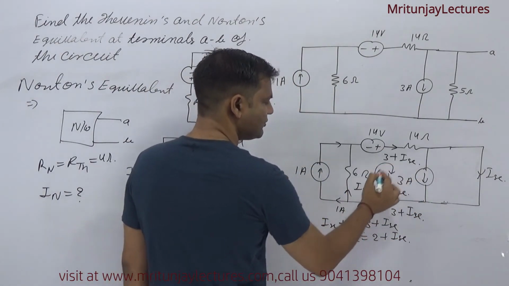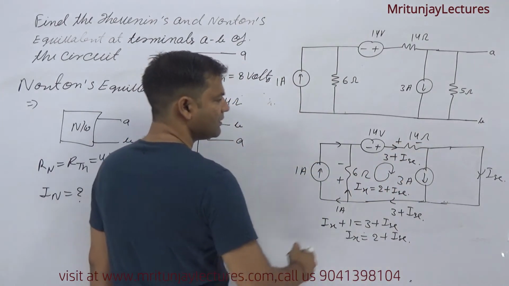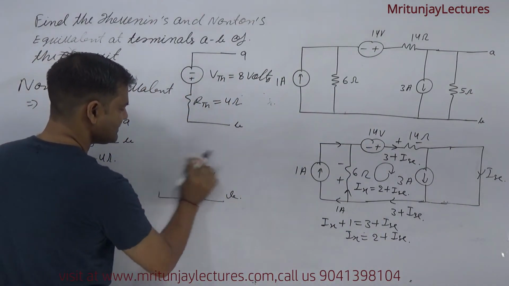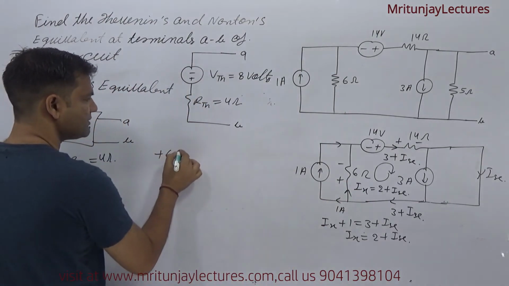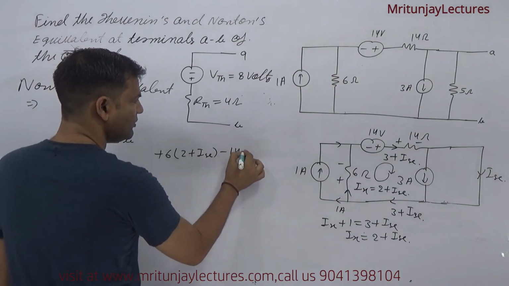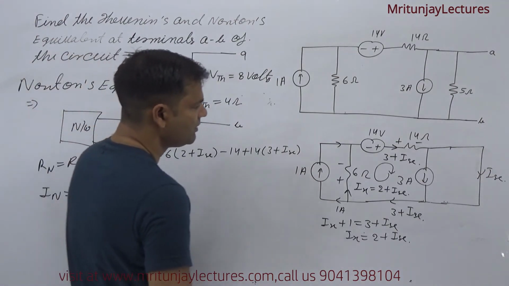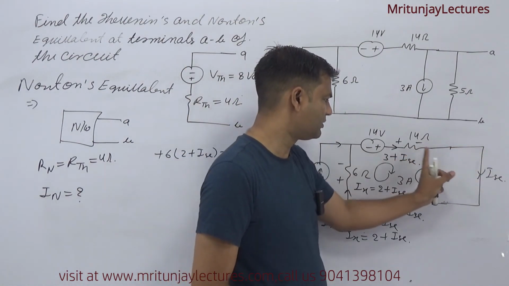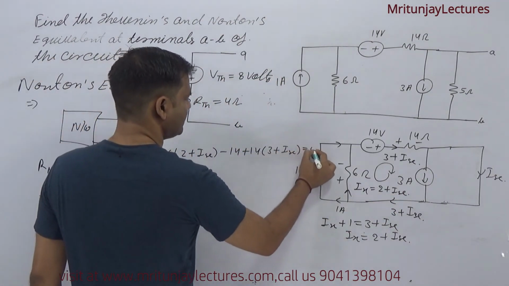Now apply KVL in this loop. Positive, negative, positive, negative. Minus plus to minus, that is plus 6 into 2 plus ISC, minus 14 volt plus 14 into 3 plus ISC. The voltage across this one is 0, so there is no voltage drop here, so this will be equal to 0.